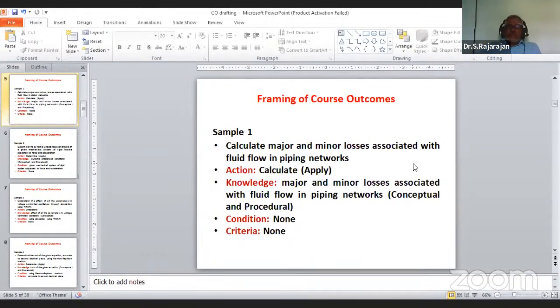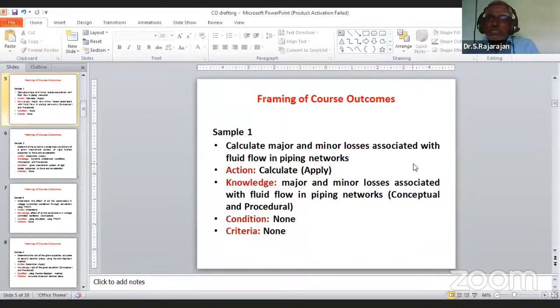When we look at this statement, being a teacher, we have to understand how much to take, at what depth we have to take this syllabus, and what type of questions we have to ask. Before or after framing this CO, we have to write a few questions for measuring this particular outcome.